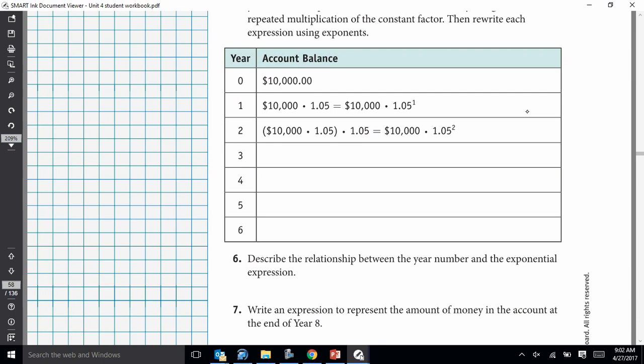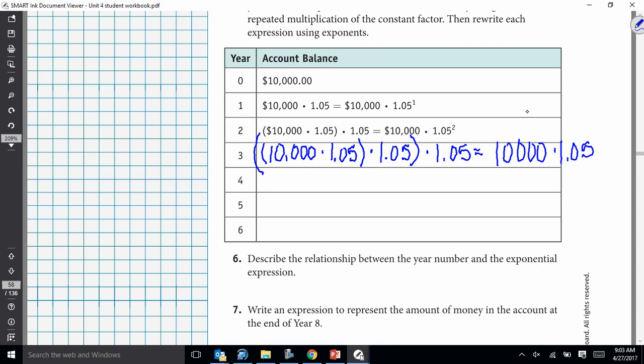So how do you think year three is going to look? It would be what we had for year one, right? So it would be $10,000 times 1.05 times 1.05, which would be the year two amount, right? Times 1.05. So how could we write that? We have our $10,000 times 1.05, and how many times are we multiplying 1.05? To the third power.